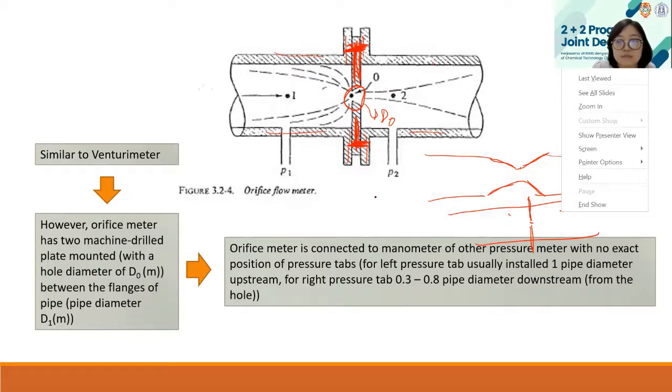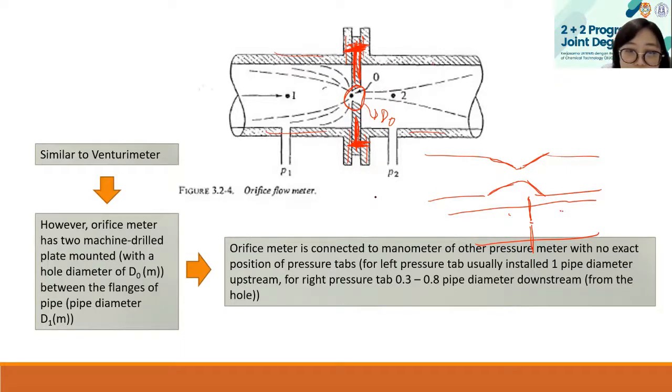Again, similar to the Venturi method, the orifice is also connected to the manometer. For the left pressure tap, the P1 side, it is usually installed one pipe diameter upstream.